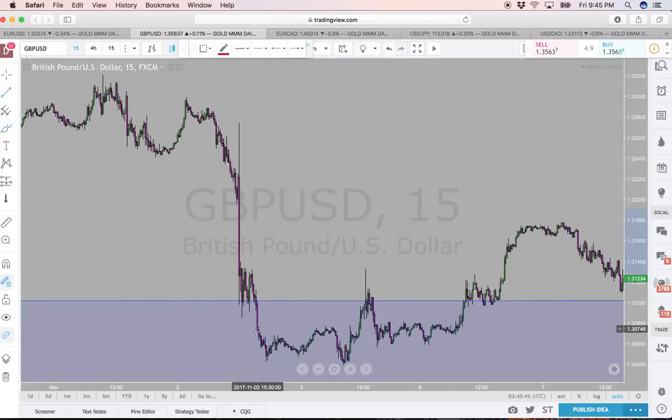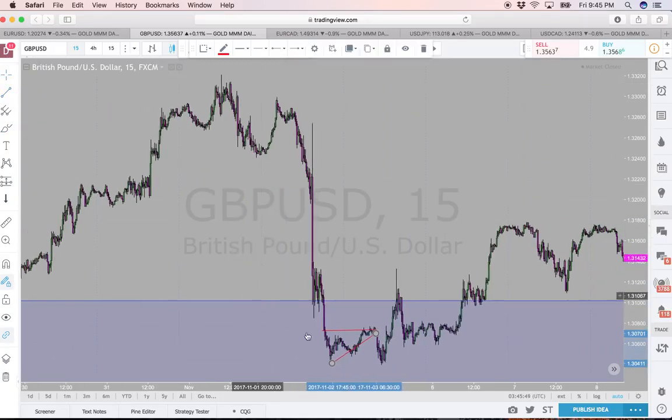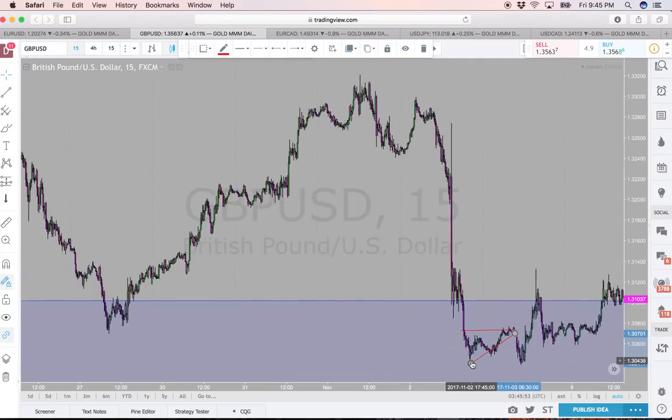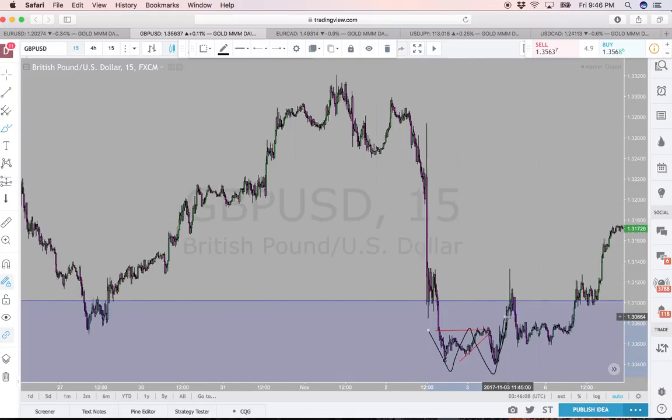Here we have another. This one could be a little better, but I would still say it is a wedge formation breakout, our signature trade. The low here, and then the breakout happens, creating that W formation.